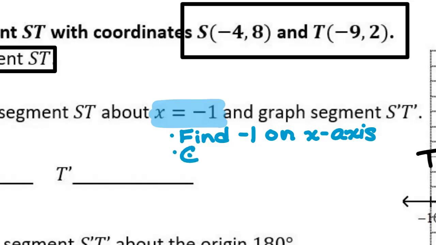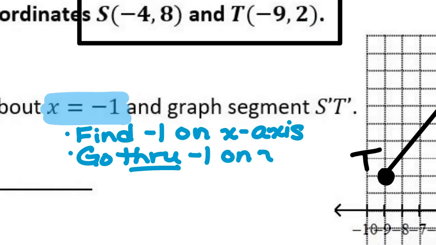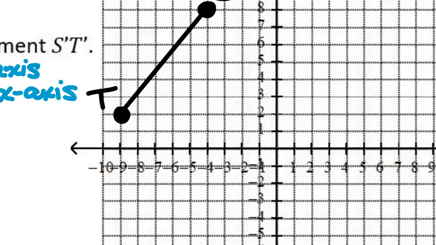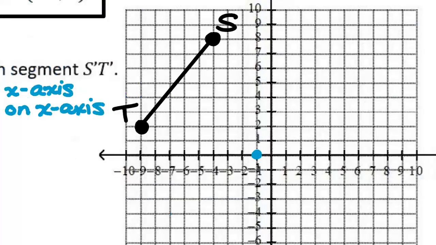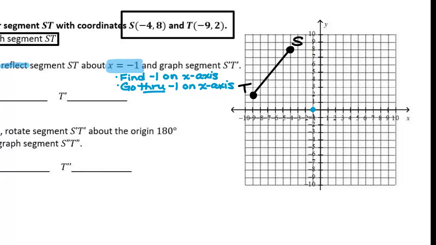And then you will go through -1 on the x-axis. So -1 on the x-axis would be right here. And to go through the x-axis means I have to go up and down. In other words, I'm just tracing on top of the x-axis. I want to cut through it. So like this. So we have a vertical line here.